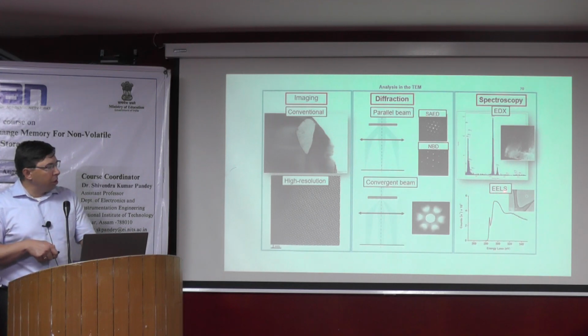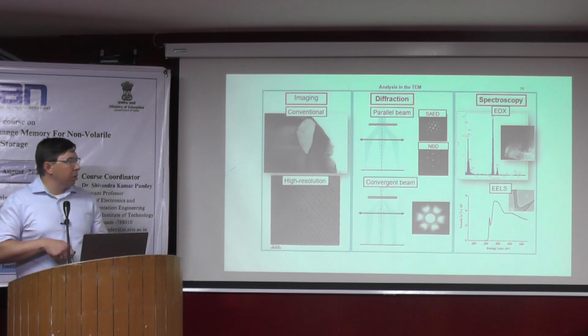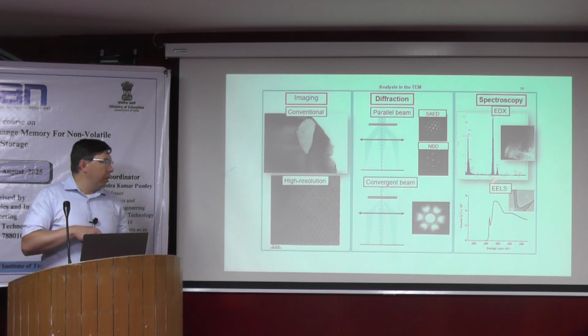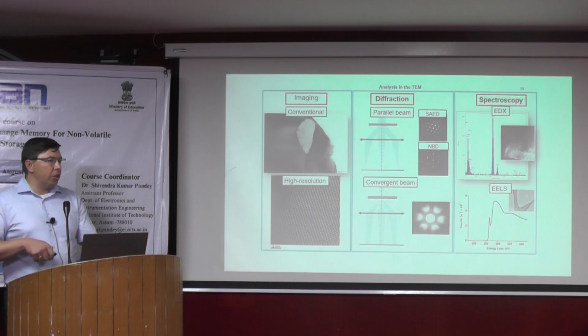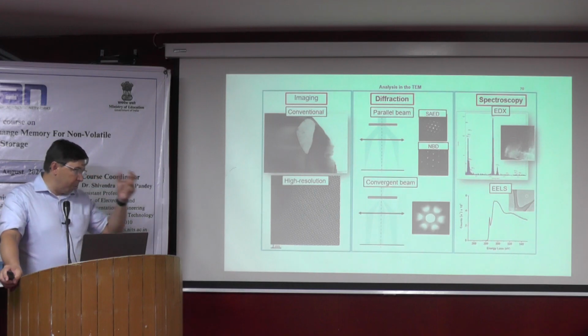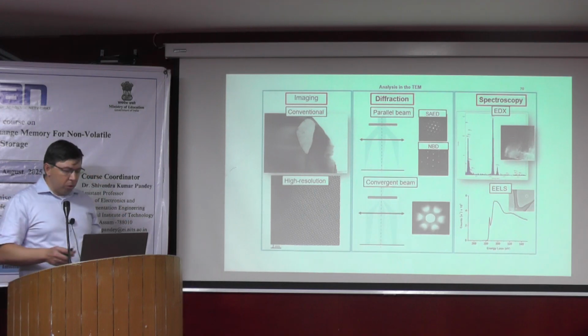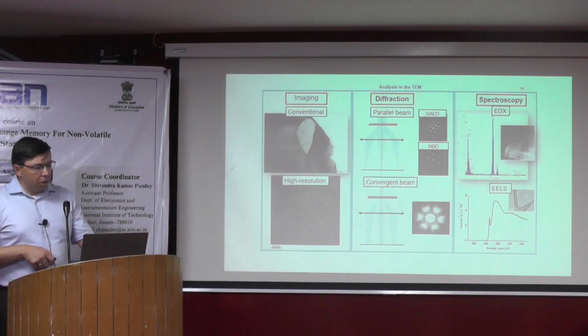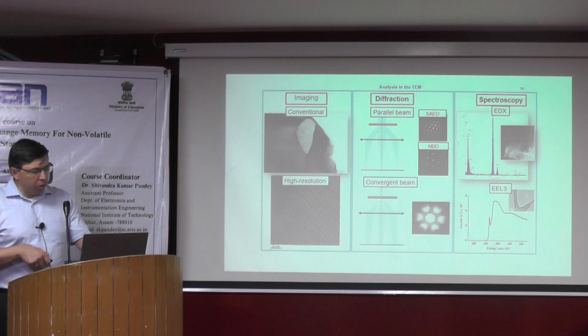This is electron energy loss spectroscopy. Here you can study your electronic structure. By using high resolution EELS, you can study the band gap, so you can extract some optical properties. Also, you can study by using specific absorption edges which are specific to the elements. You can study the chemical composition of your specimen.